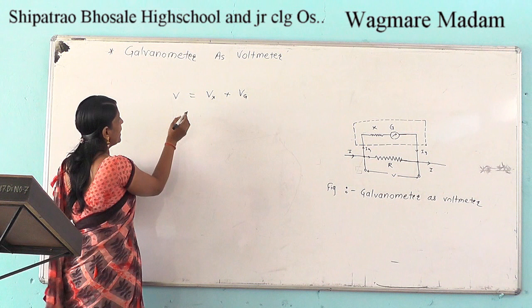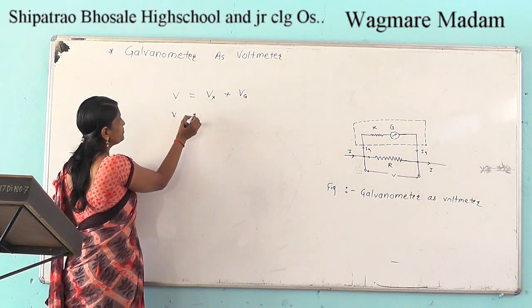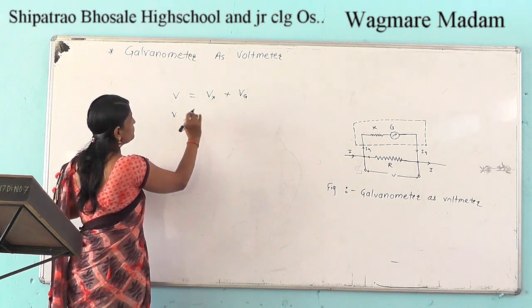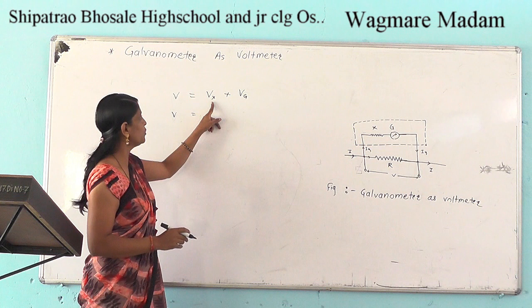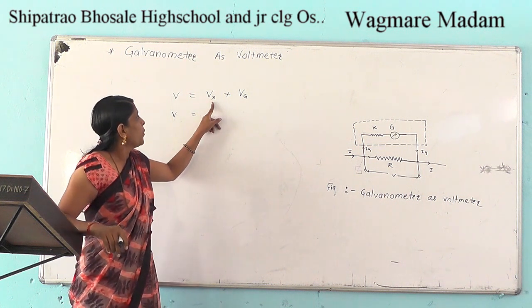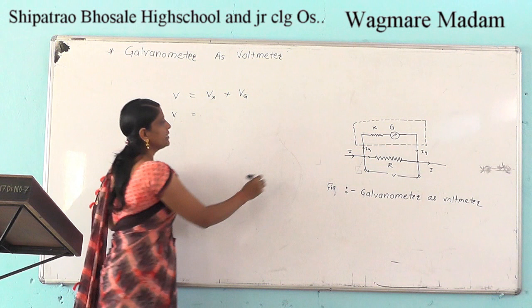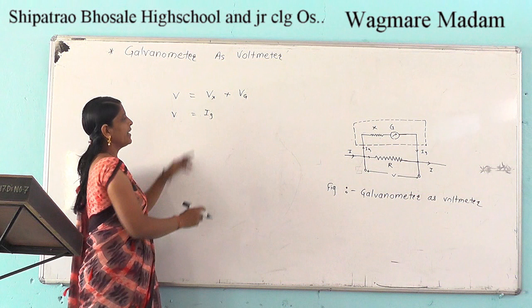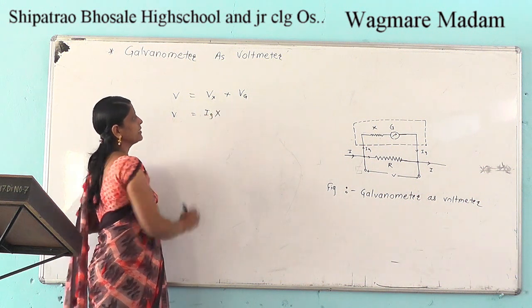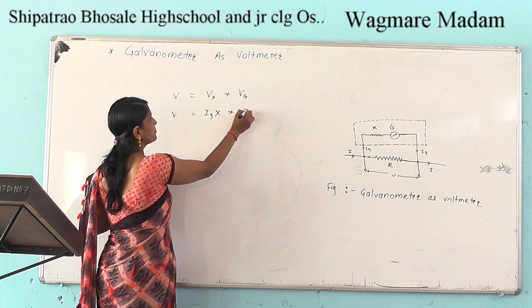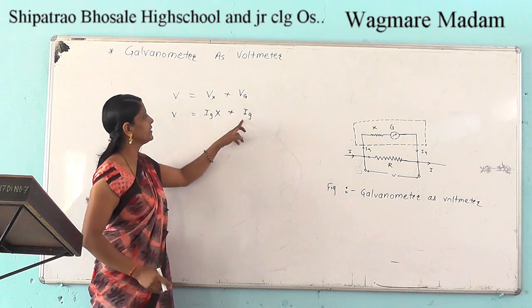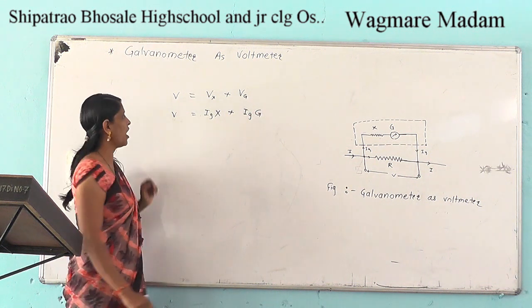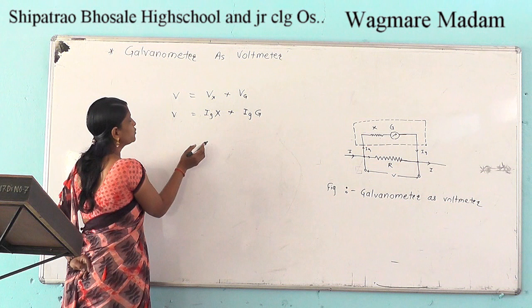V is equal to Vx plus Ig into G, where Ig is the current flowing through the galvanometer and G is the resistance of the galvanometer.